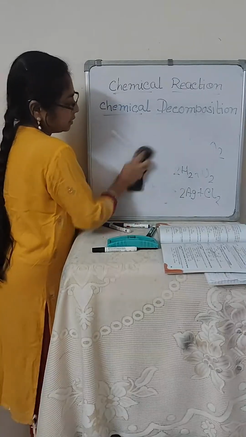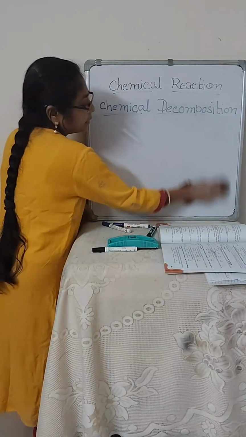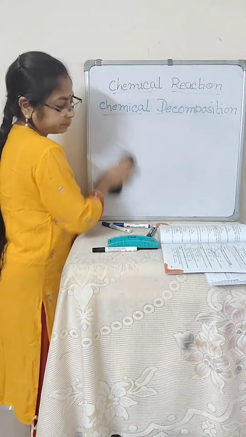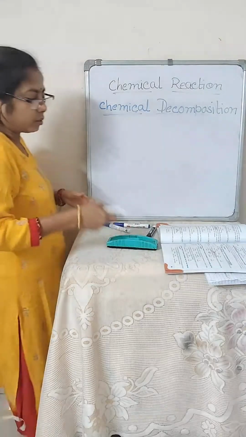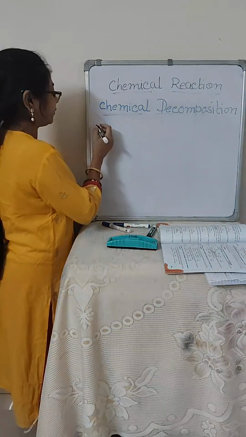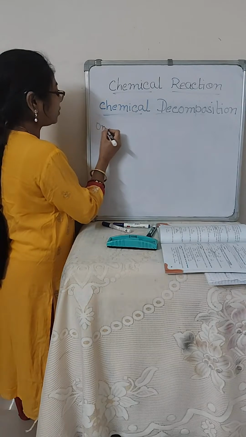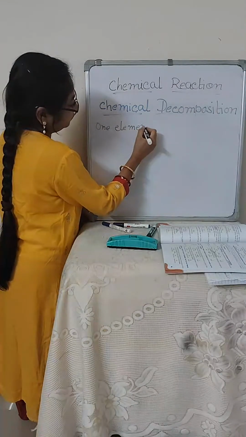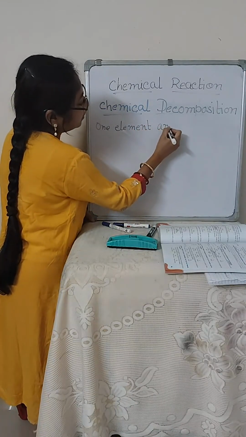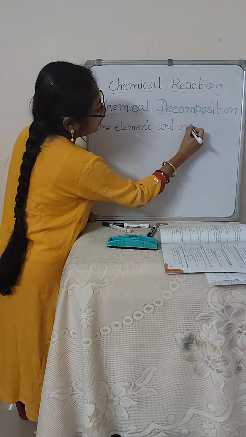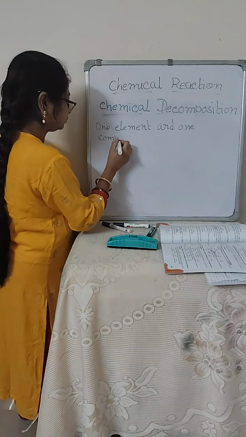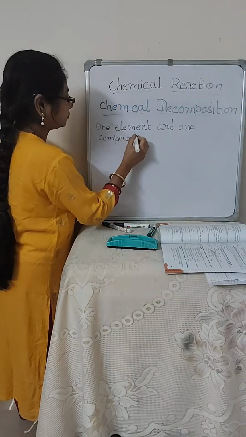Now I tell the decomposition examples where two compounds are created, or one element and one compound. First I tell one element and one compound created.